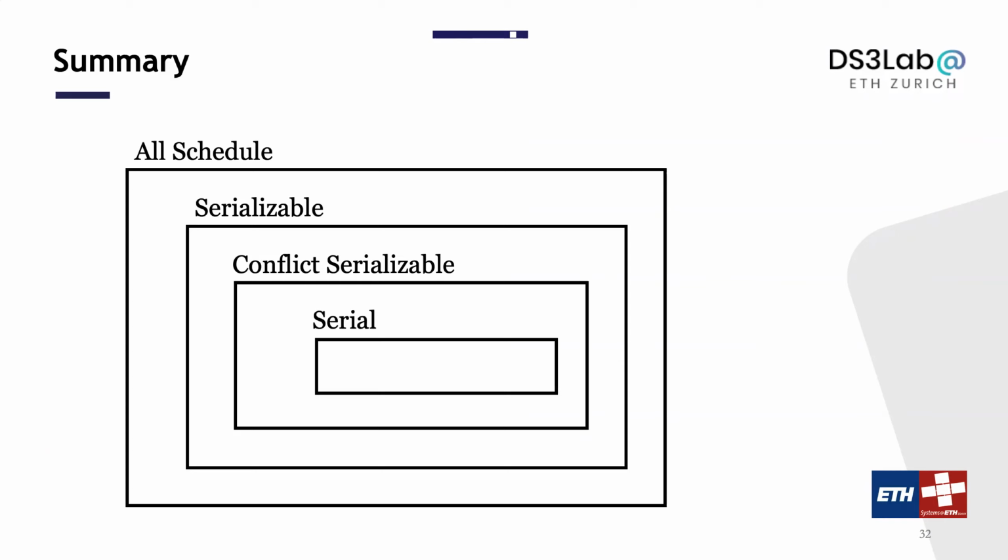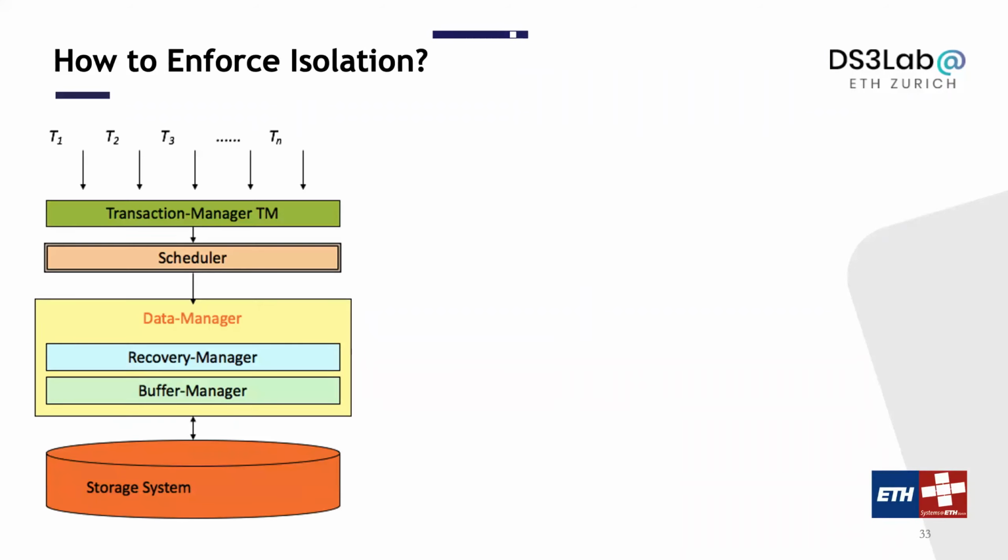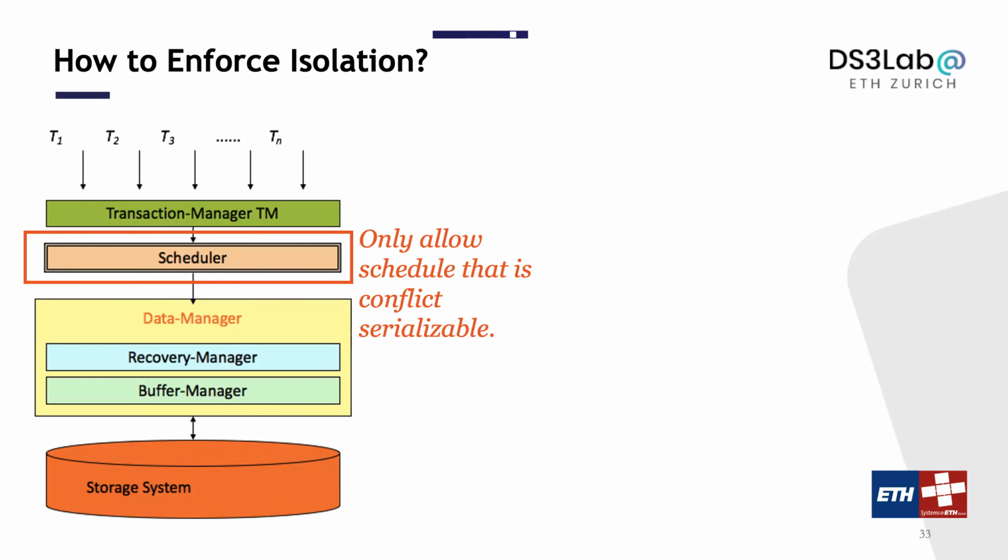So what the database is really trying to do is enforce conflict serializability. We want some algorithm, some mechanism, such that whenever I'm mixing instructions together, I always lead to a conflict serializable schedule. That is the goal. So how does the database make that happen?